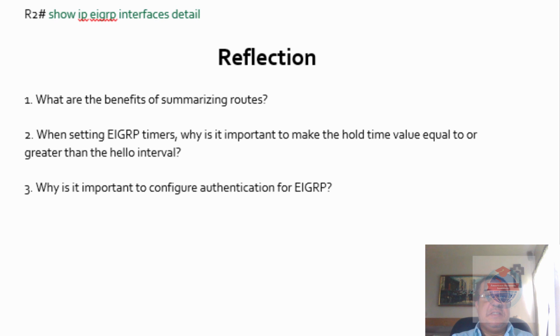Well, guys, now we arrive on the last part of this exercise. That's excellent. So far, everything is smooth. So we're going to be talking about reflection. The first question is, what are the benefits of summarizing routes? Well, summarizing can be used for different purposes.